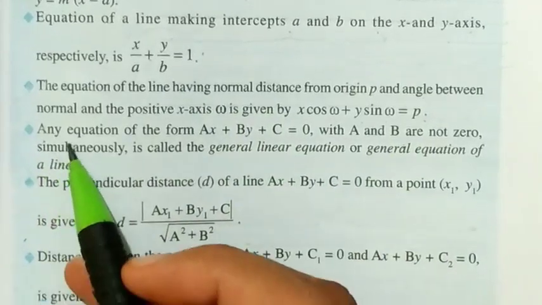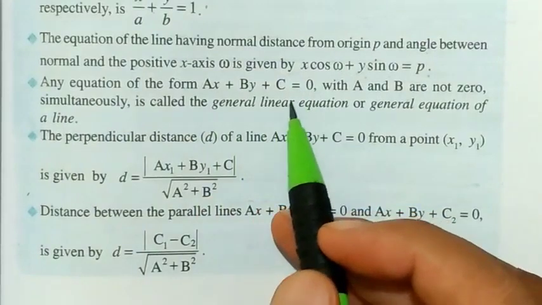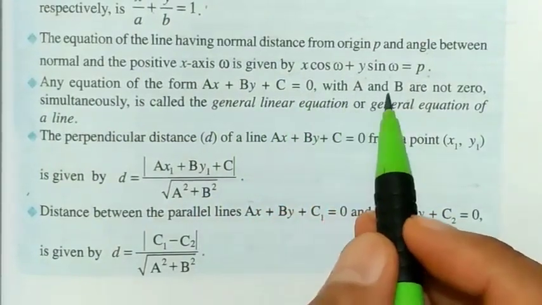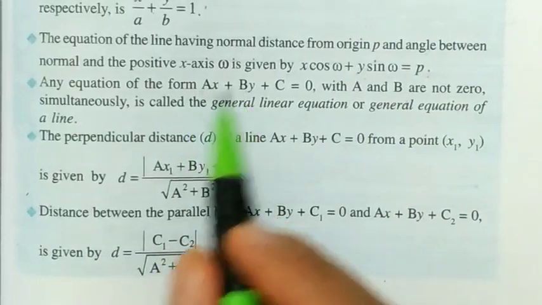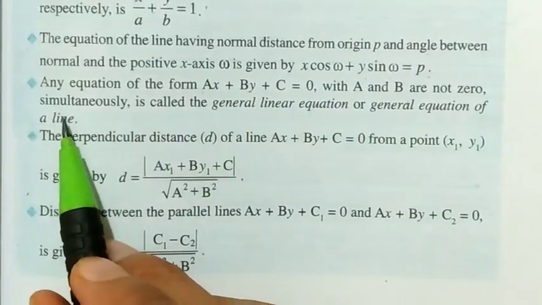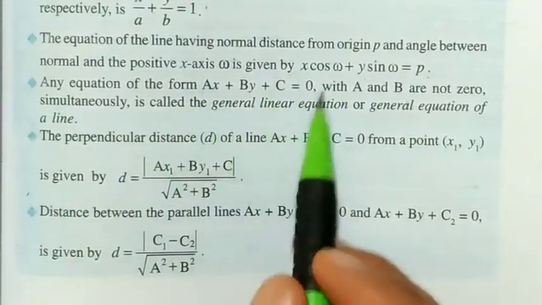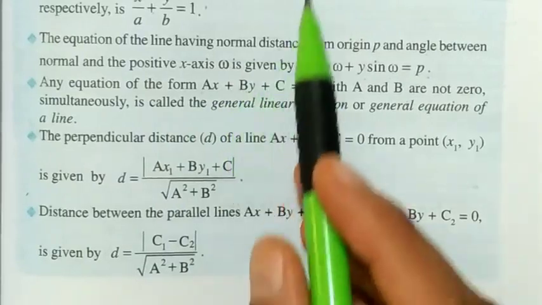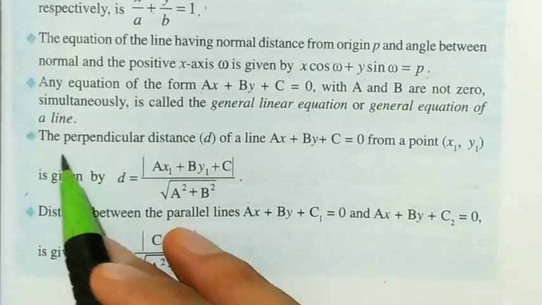Next point is an equation of the form ax plus by plus c equals 0 with a and b both not 0. This is called the general linear equation, or general equation of a line. From this equation we can convert to any form of the straight line and find the other parameters.